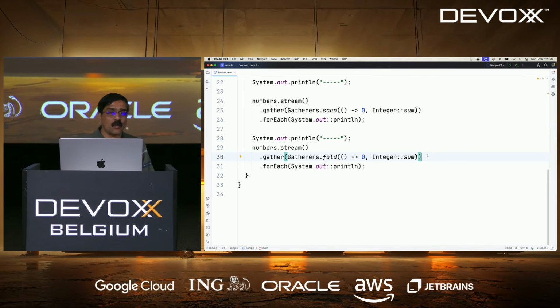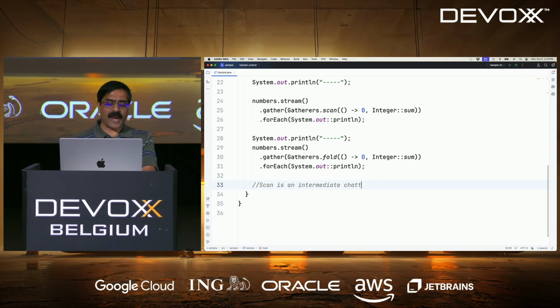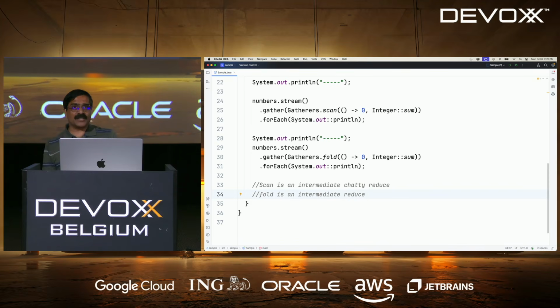So what does this mean? So we can kind of summarize this, right? Scan is an intermediate, you could say chatty reduce. That's what it is. Scan is an intermediate chatty reduce. On the other hand, fold is an intermediate, if you will, reduce. That is the only difference between the two. So scan is a chatty intermediate reduce.